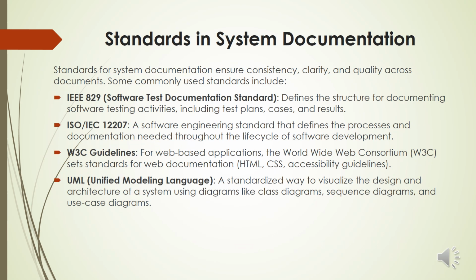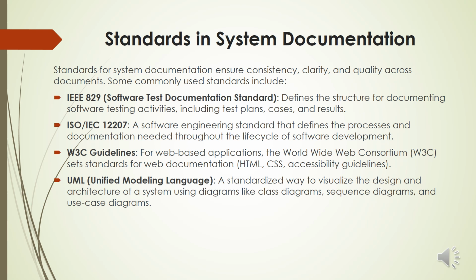Let's look at the standards for system documentation. The standards ensure consistency, clarity, and quality across documentation. Some commonly used standards include the IEEE, which has the Software Test Documentation Standard. We also have the ISO, that is the International Organization for Standardization.